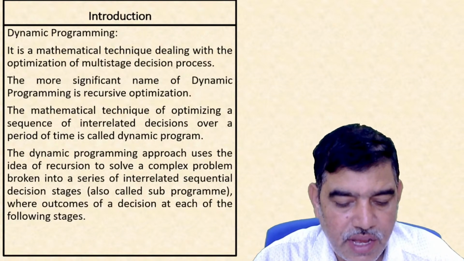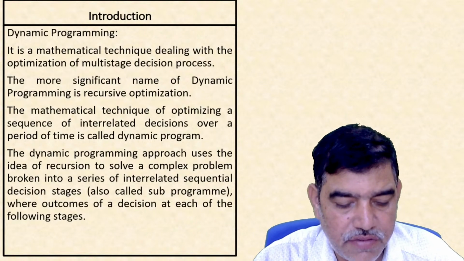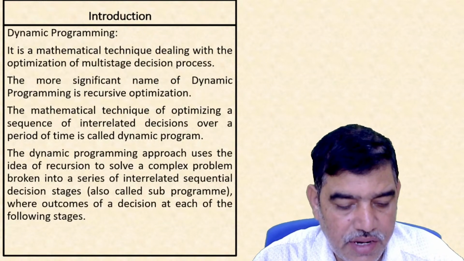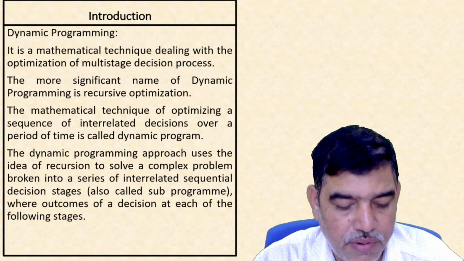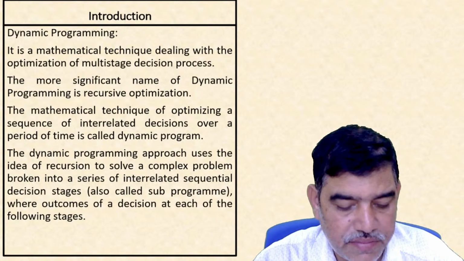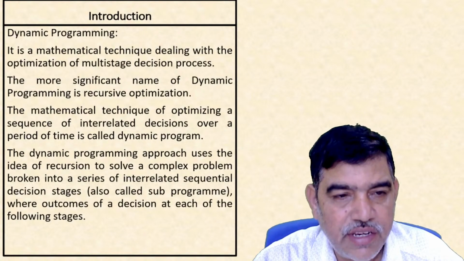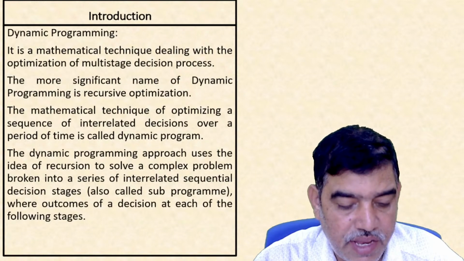The word programming has been used in mathematics in the sense of selecting an optimum allocation of resources, and it is dynamic as it is particularly useful for problems where decisions are taken at several stages, such as every day and every week. Richard Bellman developed this technique in the early 1950s and invented its name, dynamic programming.